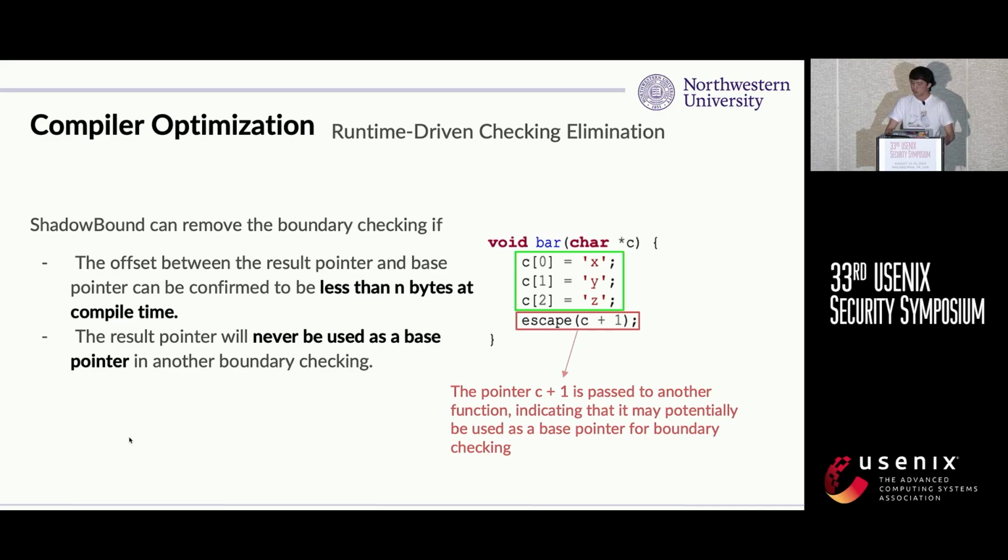So ShadowBound can safely remove these checks. However, we cannot eliminate the check for line 5 because the pointer c plus 1 is passed to another function, indicating that it may potentially be used as a base pointer for another boundary check in the escape function. So we cannot remove it, since it would cause a false negative.